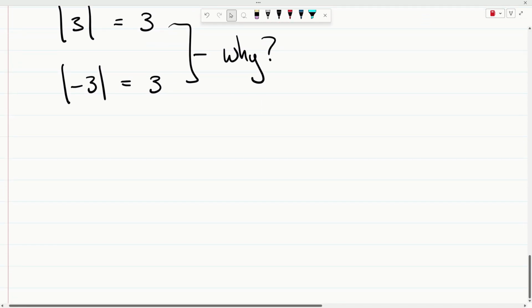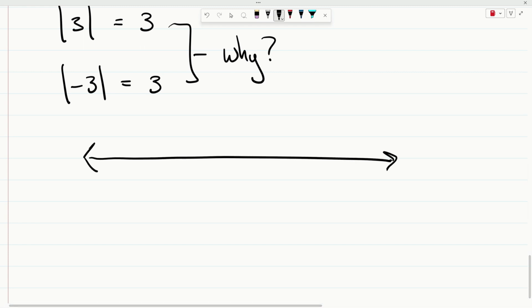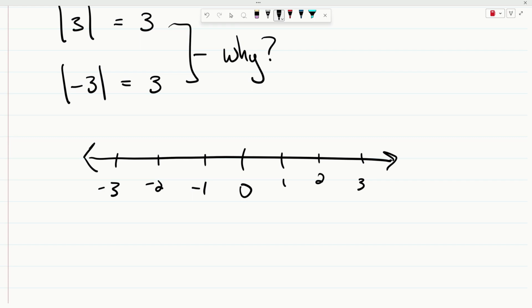So, how can I demonstrate this? Well, we're going to go back to our number line. The absolute value of 3, remember, is a distance away from 0. So if you think about it, right here, that is the absolute value of 3, because it's a distance away.